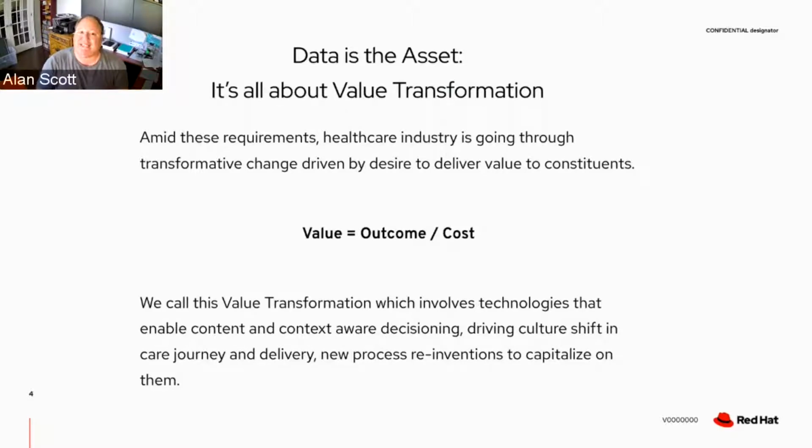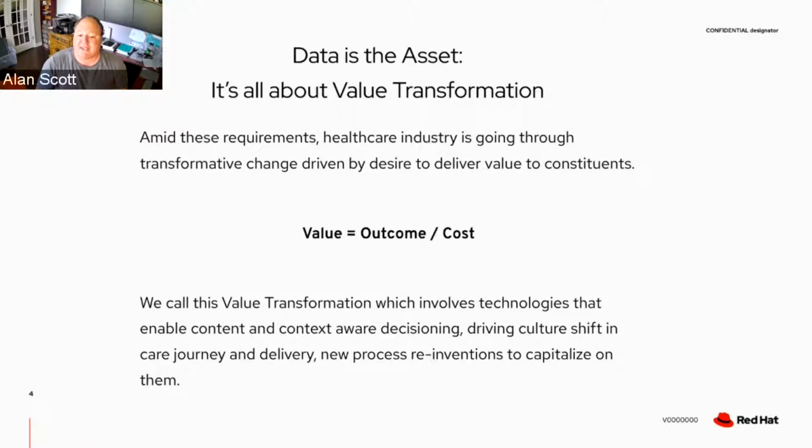Because it's the asset, it has to be about value transformation. And value transformation is very simple as you think about it. It literally is a mathematical calculation that says your value is nothing more than your outcome divided by your costs.